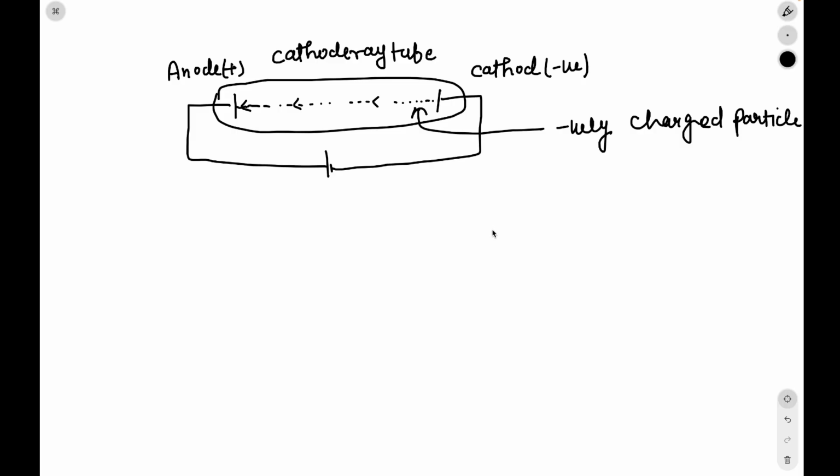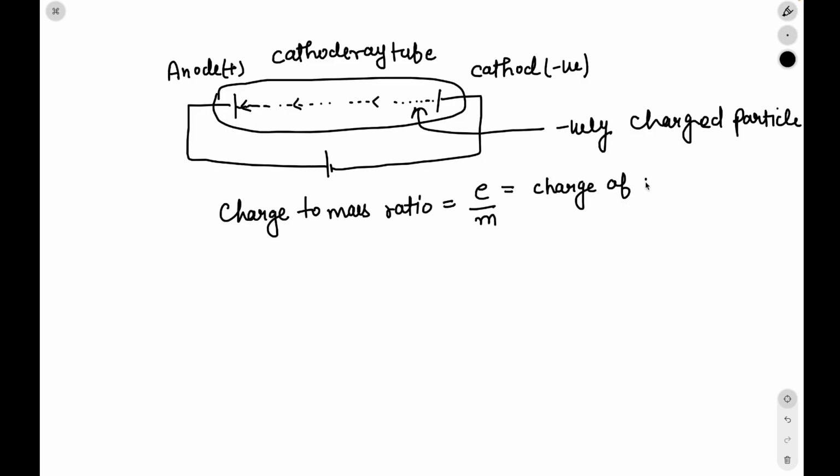He calculated the charge to mass ratio. That is, how much electric charge an object has compared to its mass. It is written as e upon m, where e is the charge of the particle and m is the mass of the particle.